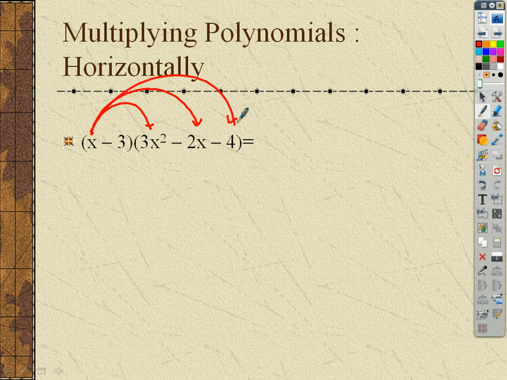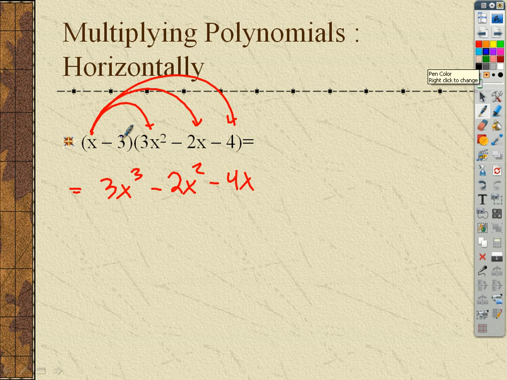And so what are we going to get if we distribute the x here? x times 3x squared is 3x cubed. And I want to keep columns for each power of x now. x times negative 2x. Okay. Negative 4x. And then I could just keep going.